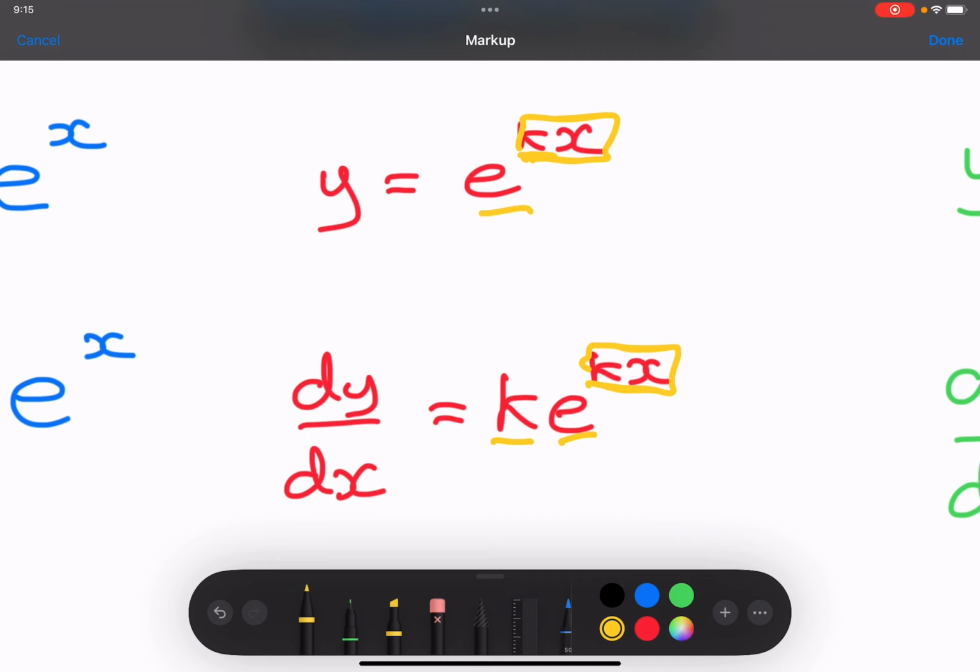The only difference is we're going to multiply by that k. That's an example of something called the chain rule that we're going to be doing in a lot of detail later on in this unit.